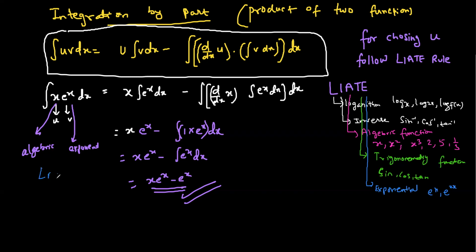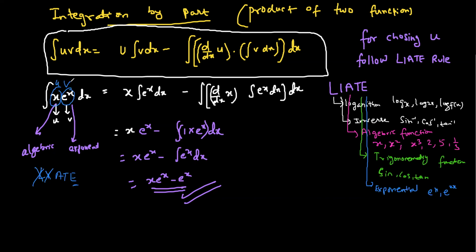According to ILATE, first check whether it contains a logarithm or not. This function does not contain log, so you remove this. This function also does not contain inverse. Algebraic function comes before exponential function, right? That's why you consider this as u, and the remaining term will be v, automatically.